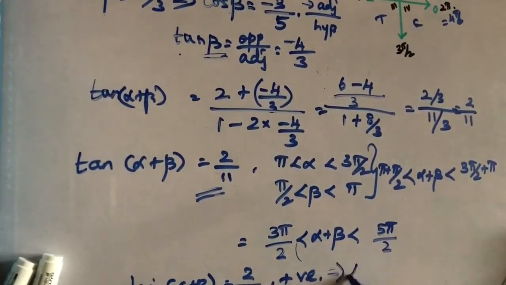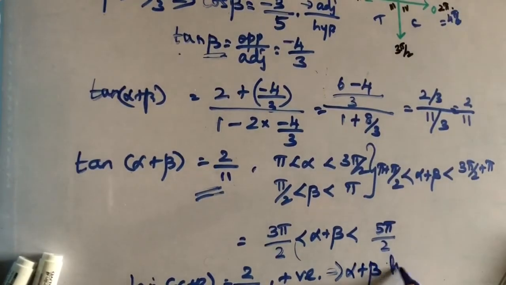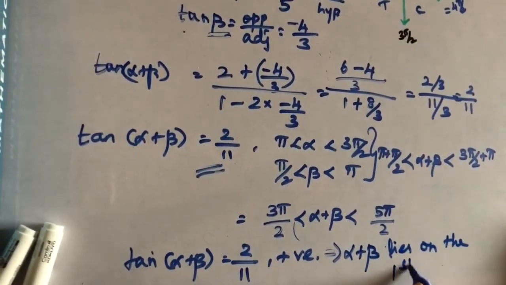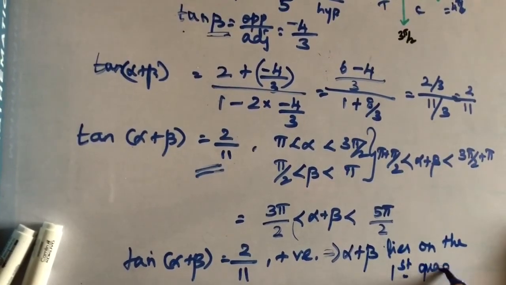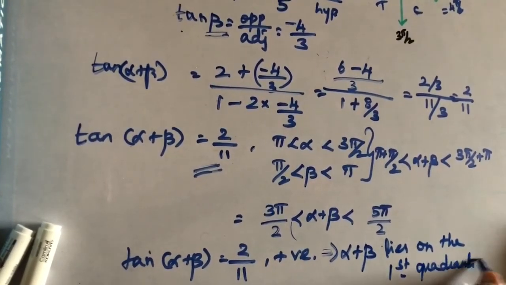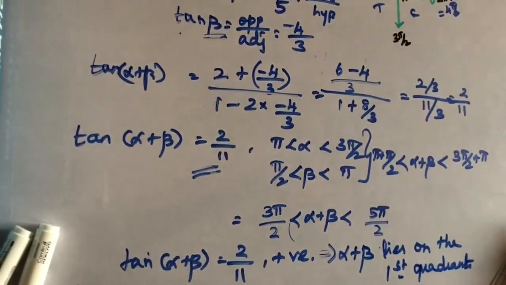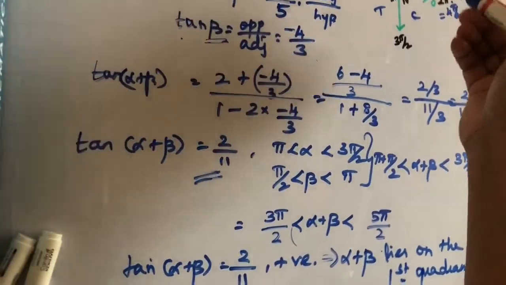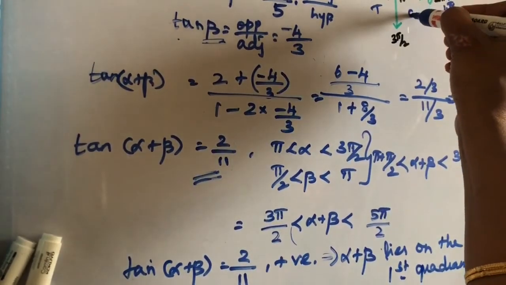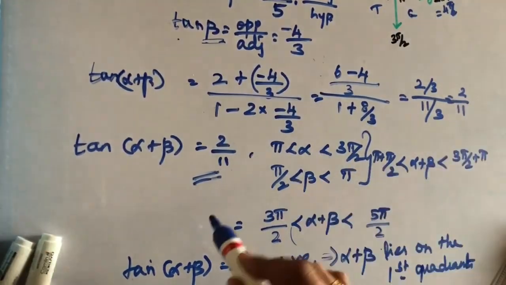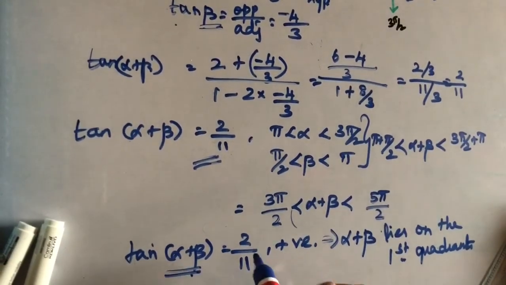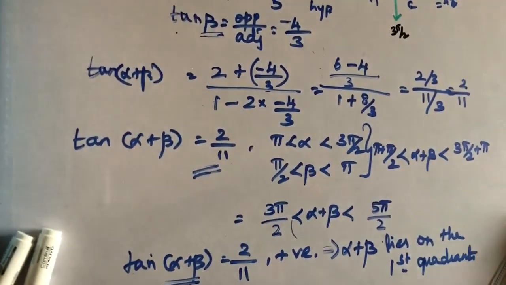That implies alpha plus beta lies in the first quadrant. Why? Because in that quadrant only it is positive. Here we have two options, but in the fourth quadrant tan is negative, and we have a positive value for alpha plus beta, so it should lie in the first quadrant only.